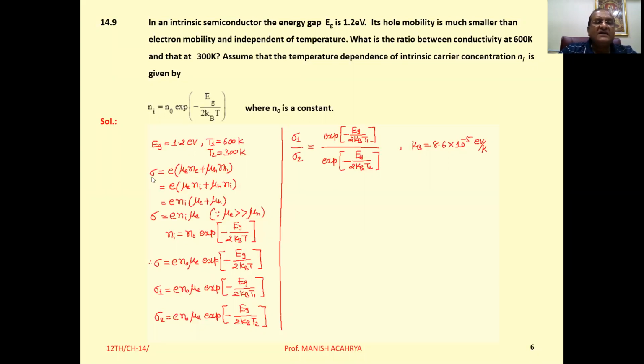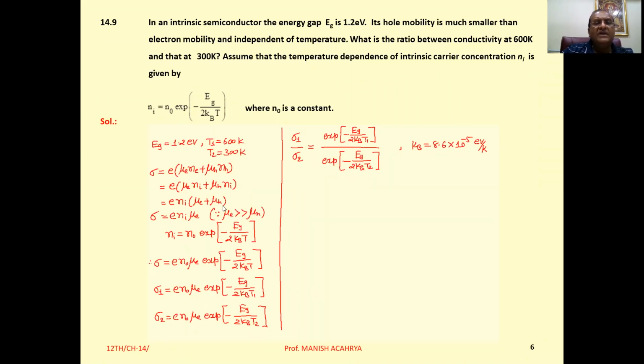It implies that the resultant conductivity, that is e into this one. But we know this thing for intrinsic semiconductor, Ne equal to Nh, that is equal to Ni. So we can write e into mu e Ni plus mu h Ni. So resultantly, we can write e Ni into mu e plus mu h. But here it is given to you the mobility of holes is very much small compared to mobility of electrons.